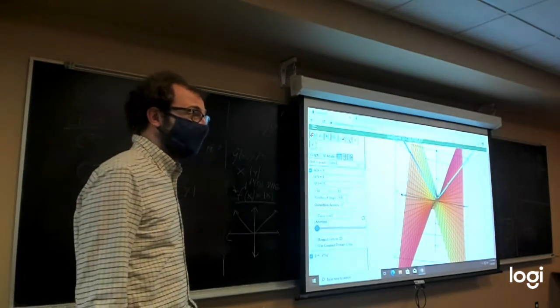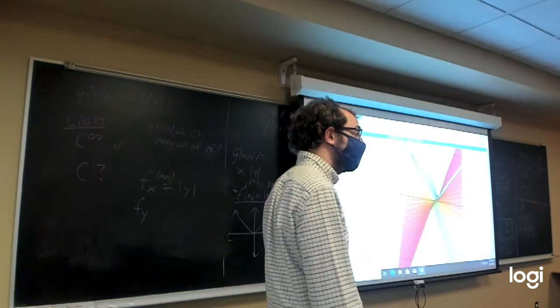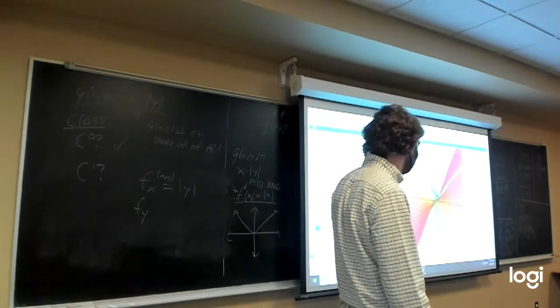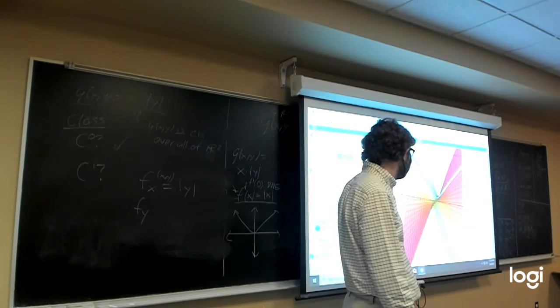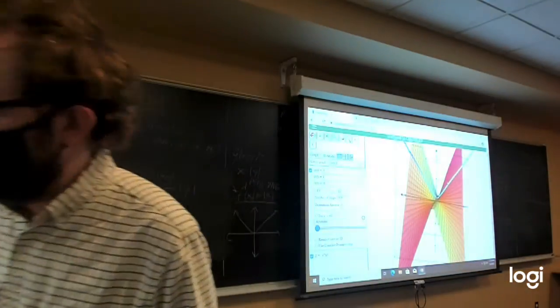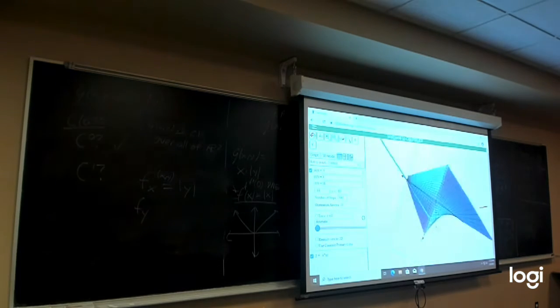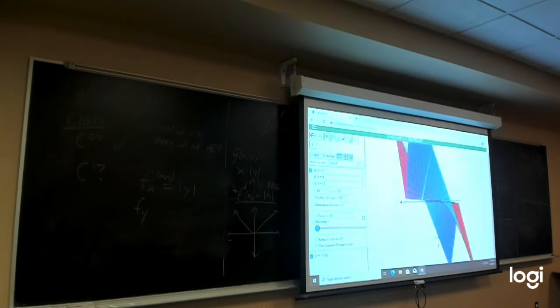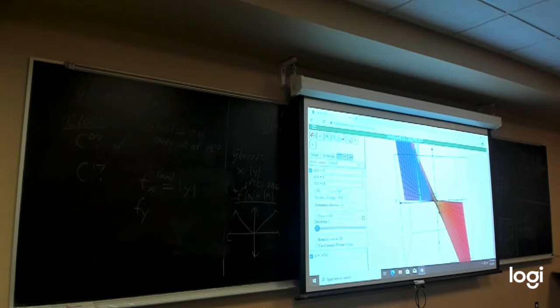But yes? So it doesn't look like the middle piece is along the x-axis. I would say that's along the x-axis, this middle strip here. It's along the line where y is equal to 0.